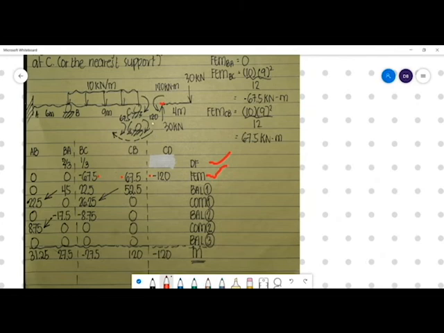So kapag pinagsama natin yung 120 kilonewton at 67.5, meron tayong resultant na clockwise. Pero para ma-balance natin yan, kailangan natin ng counterclockwise na moment. And then, pag nilipat natin yung balancing moment with respect to the spans, with respect to span CB, kabaligtaran siya.